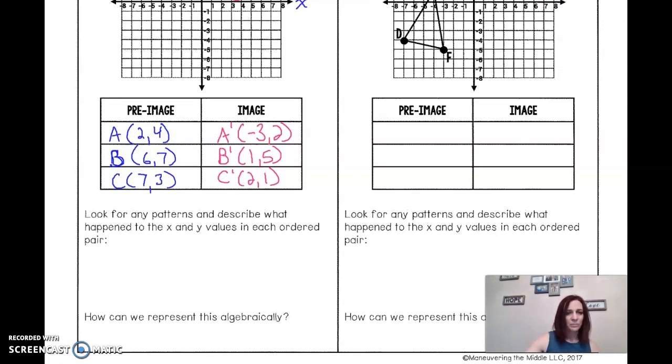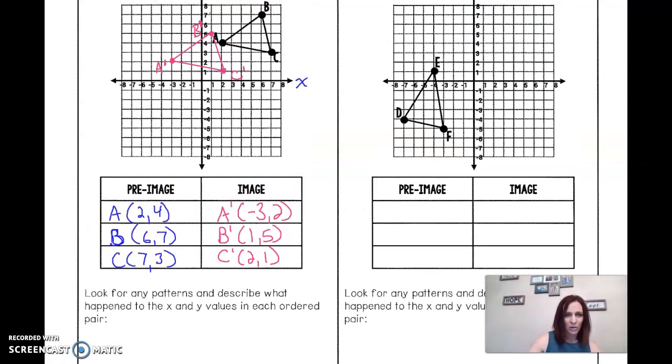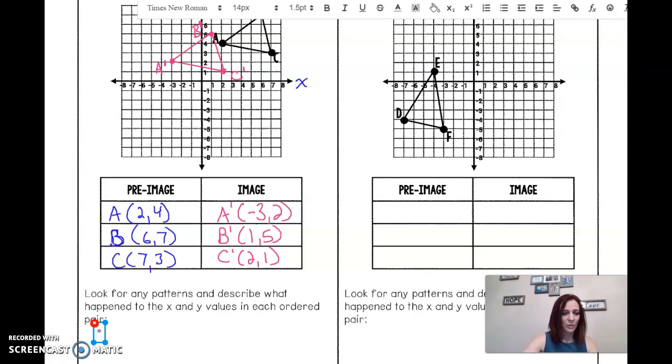Well, our patterns: the x value went from 2 to -3, right? 2 right here, -3, which would mean we could say moving left 5 units decreased all, because it happened to all of them, of the x values by 5.